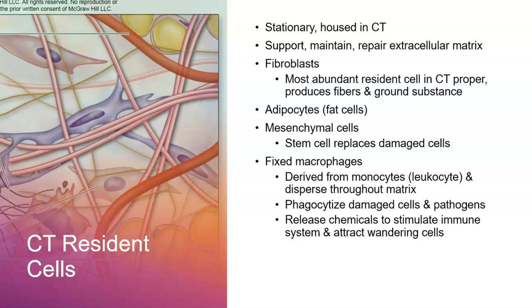What do they do? Well, what does their name tell you? They eat. They phagocytize. That means to eat damaged cells and pathogens, things that can cause illness. Another thing that they do is to release chemicals that are going to stimulate and attract other cells into that particular area when there's damage. So they stimulate the immune system.